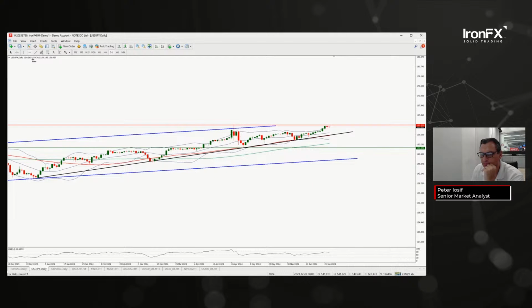Let's place some more support and resistance lines. Another one could be placed here. And I would be placing the third right here.